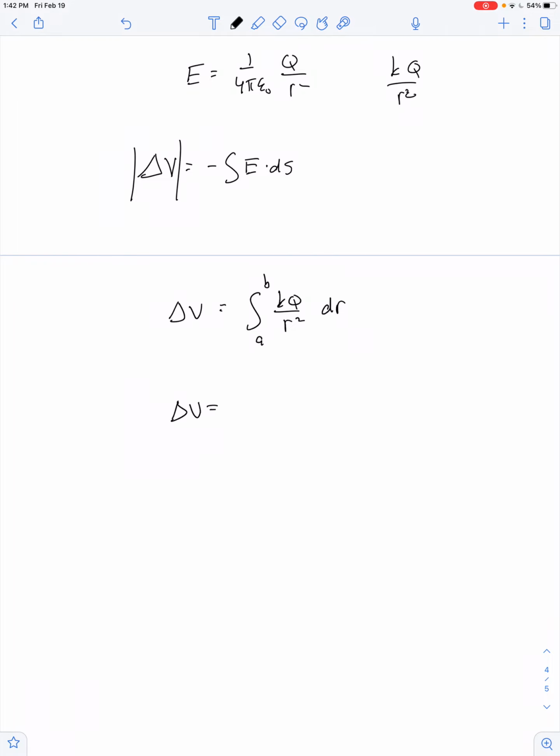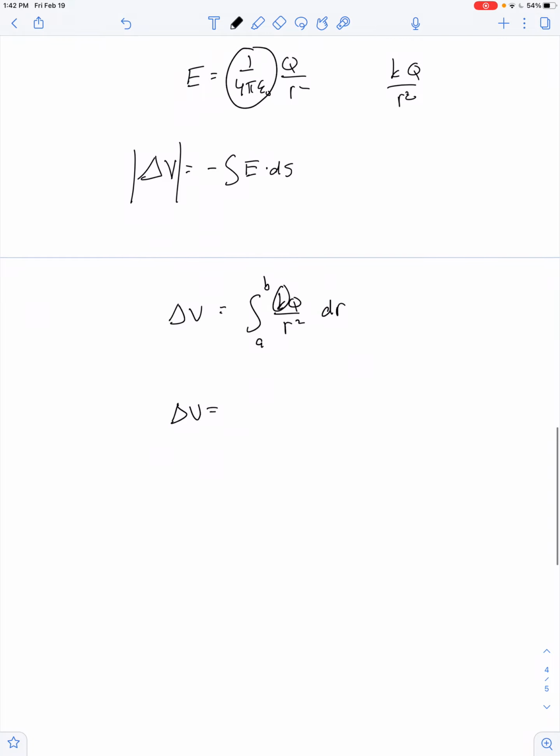The potential difference is equal to, well, you know, I'm not sure I want to write it as K. Let's go back to K is 1 over 4 pi epsilon naught. So anyway, delta V is, better yet, Q over 4 pi epsilon naught times the integral of r to the negative 2 dr, which gives us negative 1 over r.